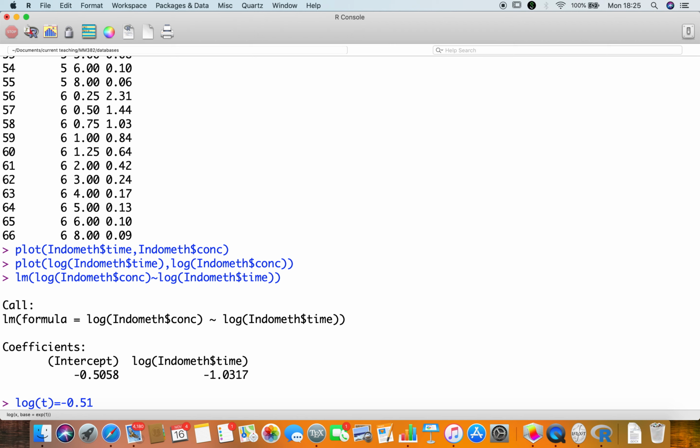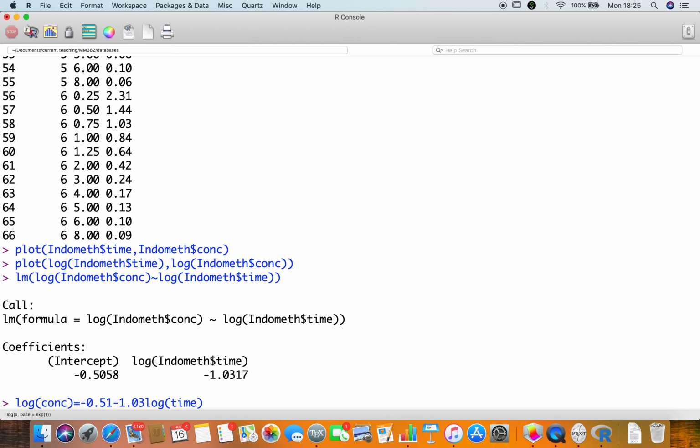Sorry, guys, I said log time earlier, but concentration is the dependent variable. So you have log of concentration equal to that. I'm just not a good lecturer, don't hate me too much.